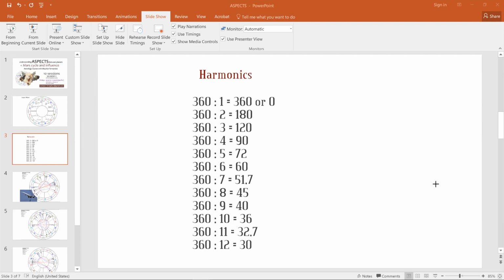The moon is opposing Jupiter. The sun is conjunct Jupiter. So we have a whole configuration here of planets that are in close proximity to one another.